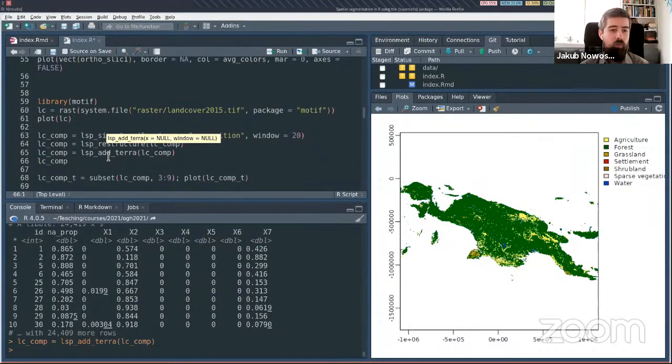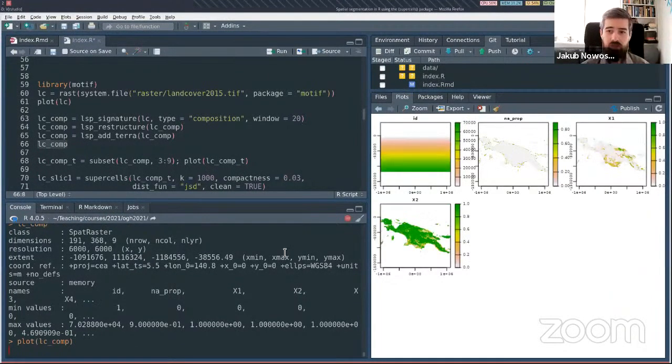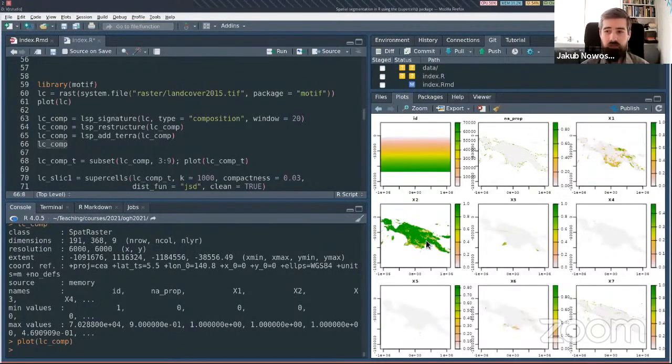We can move that into spatial data in the form of a Terra object. And I can show you this object. This object looks like this. So it has an ID and the proportion of missing cells. You can see this proportion is the highest in the coastal areas. And next we have the proportion of different land cover categories. And you can see here that the most dominant is forest.